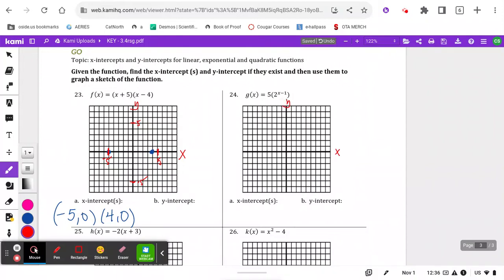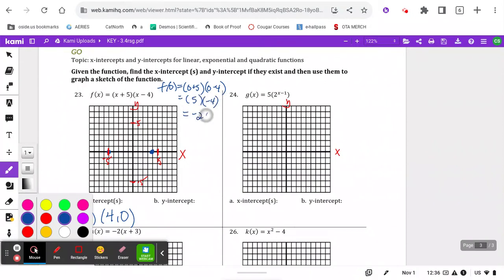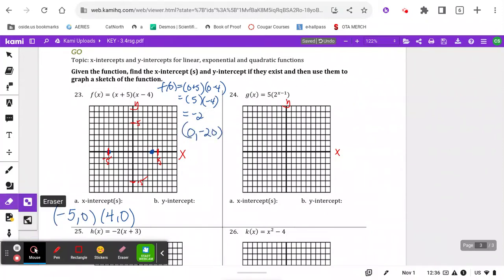After the x-intercepts, we can get the y-intercept. For the y-intercept, the x is 0. I can plug in 0 everywhere that there's an x. And that's going to leave me 5 times -4, which is -20. So 0, -20 means, do I want to leave this scaled the way it is?